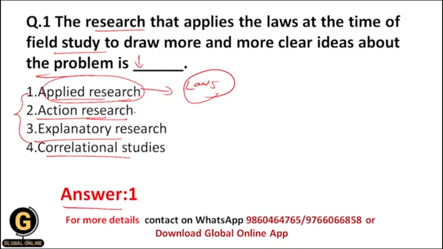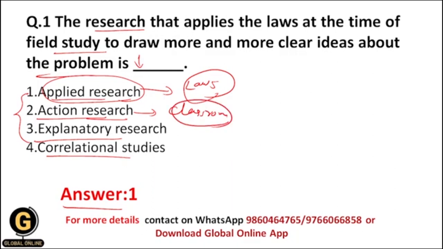Action research is again a type of research, and by using action research we solve the immediate problems, but here we don't apply the laws to our problems. This is the big difference between action research and applied research. That's why action research is specifically implemented in the classroom environment, or you can say in the teaching and learning processes.